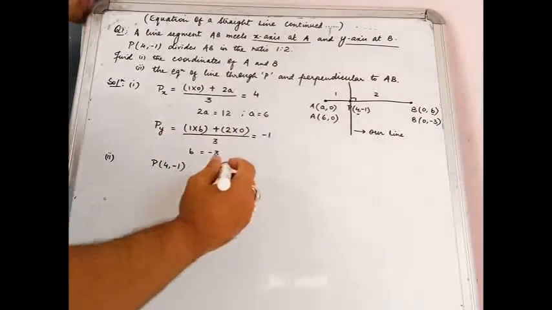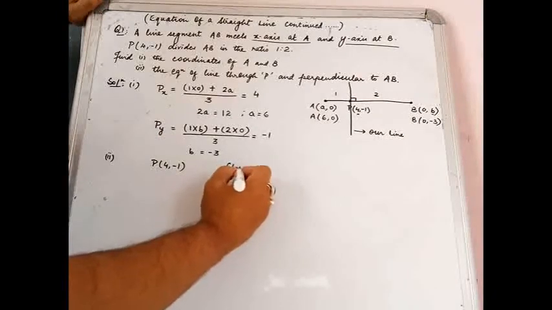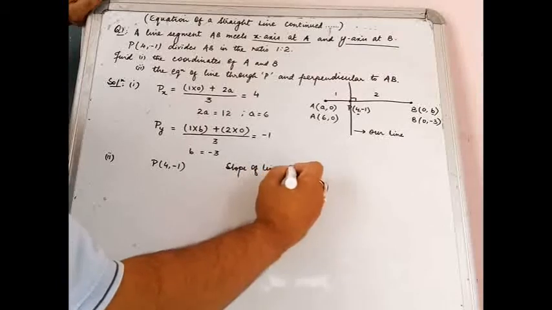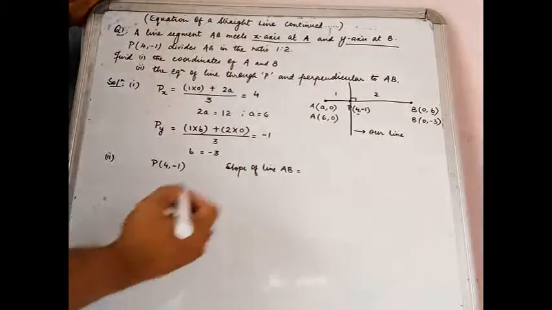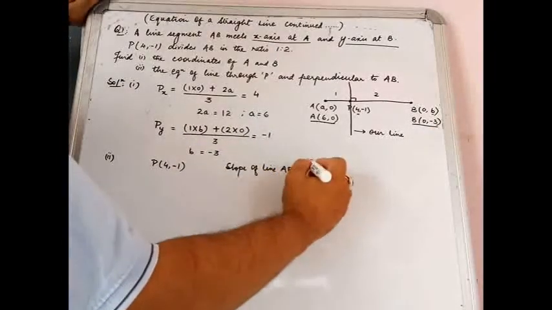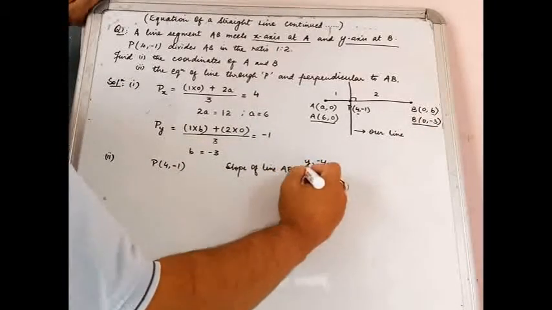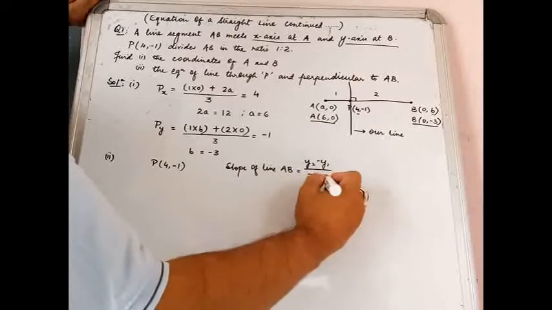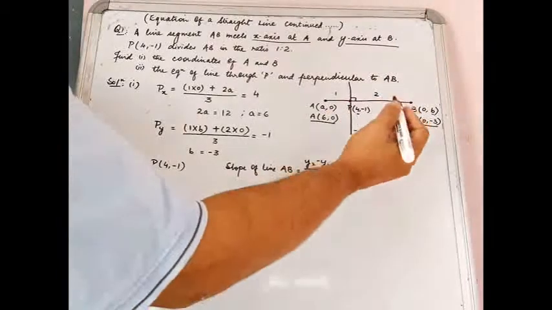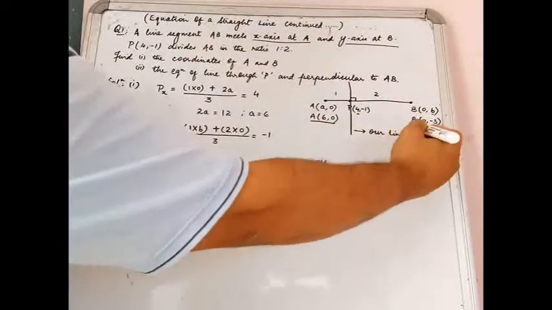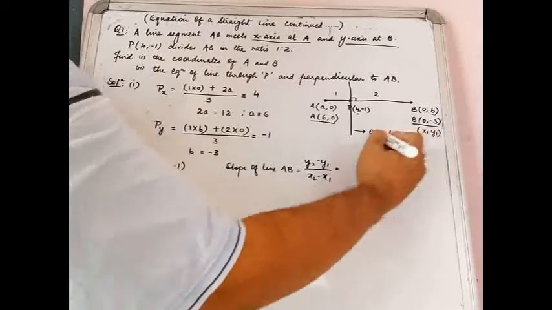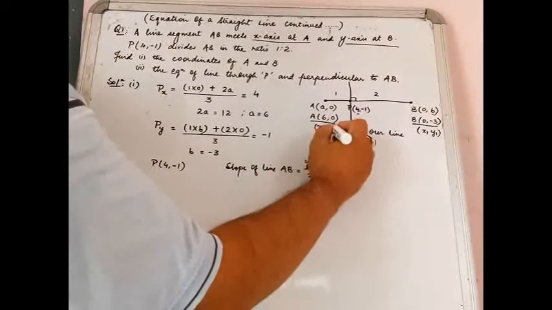Okay, so first of all, find the slope of line AB. That is very easy because we know point A and we know point B. So I will apply the formula y2 minus y1 upon x2 minus x1, which is the slope formula when two points are given. Whichever point you want, you can take as x1 y1, and the other as x2 y2.